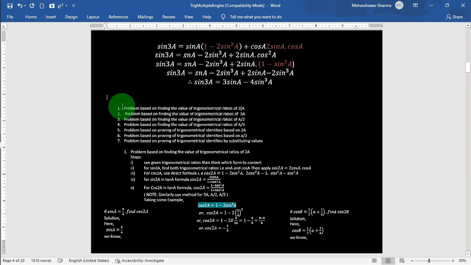So the first problem is based on finding the value of trigonometrical ratios.